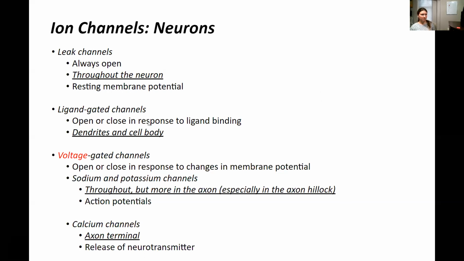The ones that are responsible for our graded potentials are our ligand-gated channels. Ligand-gated channels open or close in response to a ligand binding.